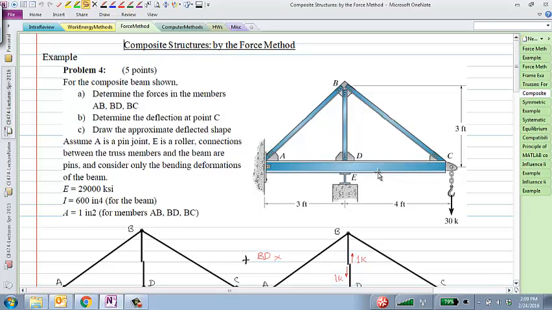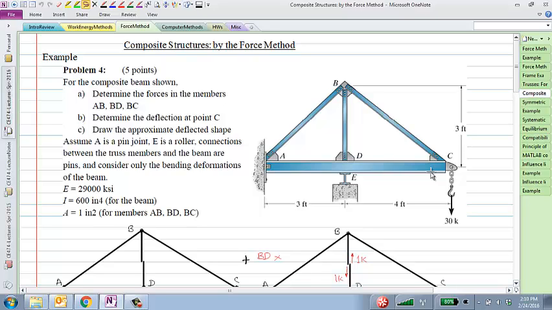So, for example, if a company had the crane and later on they wanted to lift bigger loads, they would just supplement or strengthen their structure with additional truss members just to be able to redistribute the loads. So these composite structures come in handy that way.